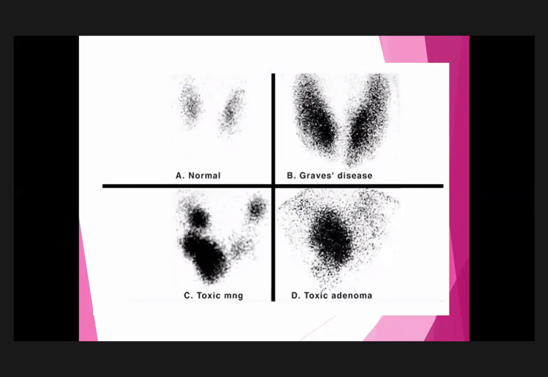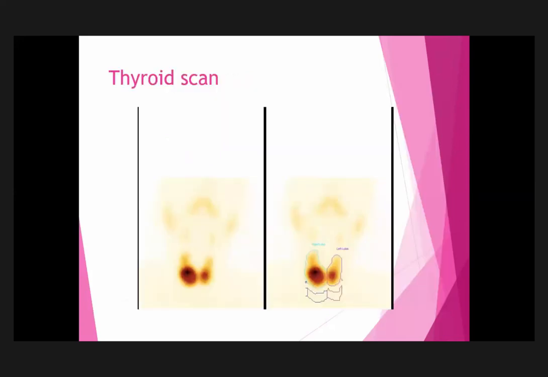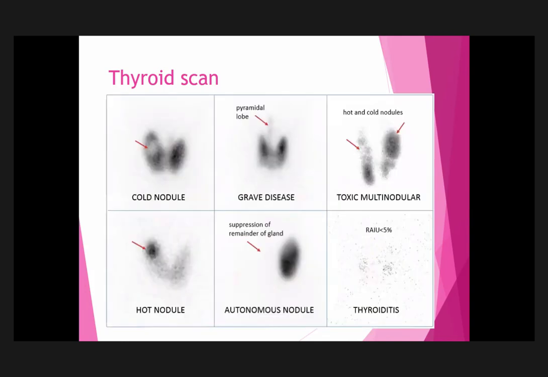It is an autoimmune condition. This is another type of thyroid scan, just examples for you to understand how it may look. It depends on equipment: some equipment will give you a colored picture, some a black and white picture.